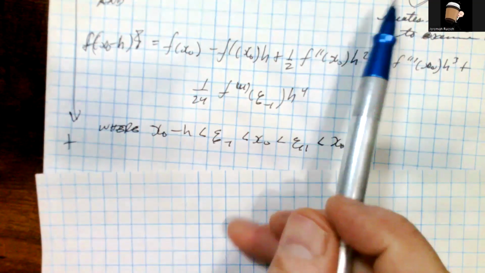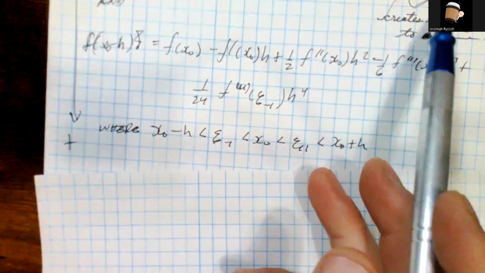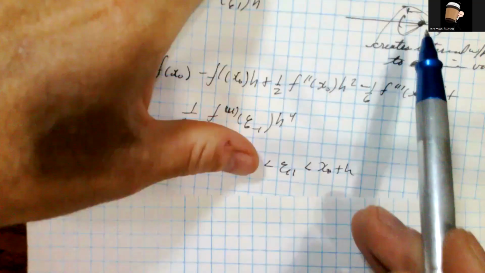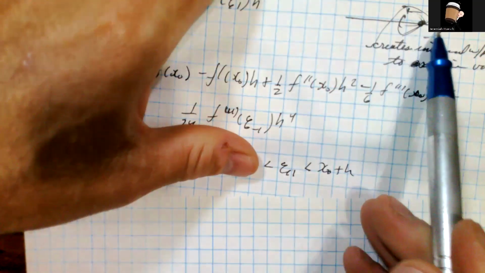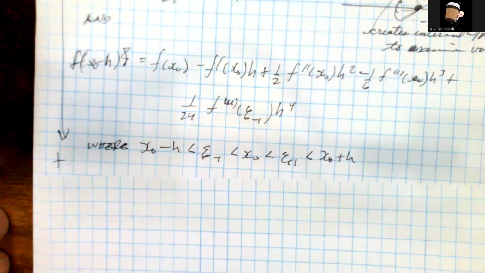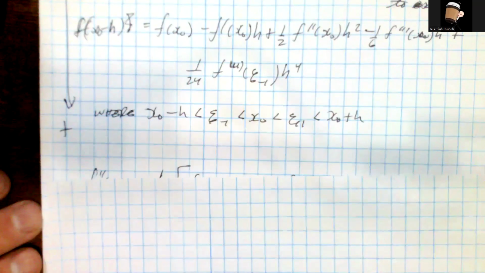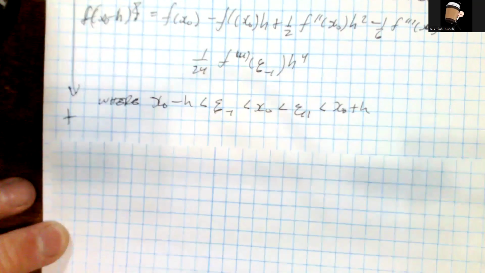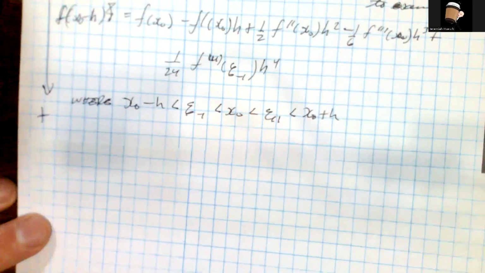And that's because you're going to be on your interval, you're going to be over here, and then you're going to be over here. So this string of inequalities is just really taking note about where you're at on that interval and where you're expanding about. So nothing magical there, but it is nice to have a picture there.